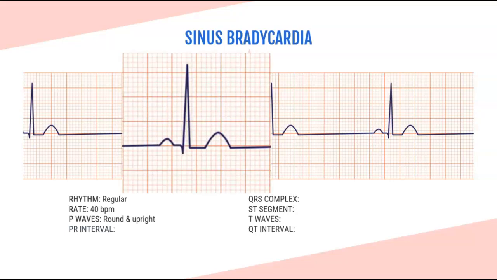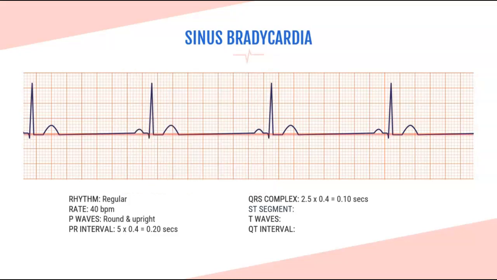The PR interval, there are 5 small squares. If you multiply that by 0.04, it gives you 0.20 seconds, which is in normal range for our PR interval. The QRS complex is about 2.5 squares. If you multiply that by 0.04, it gives you 0.10 seconds, which is within our normal range for our QRS complex.